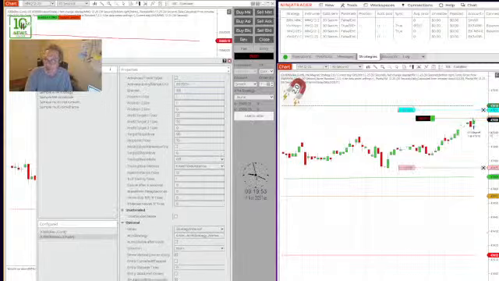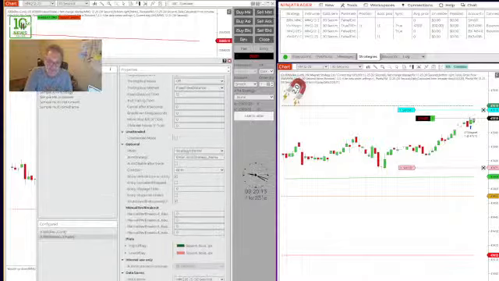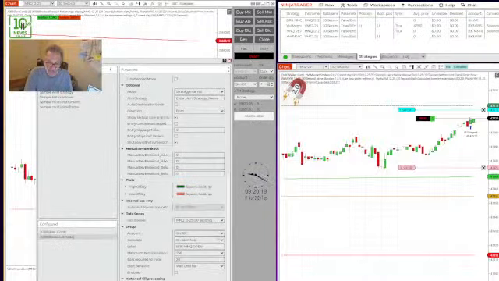Okay, we got filled on our YM. Let's see if we get a follow through to test the high. Target 1 25, target 2 50. Stop is 75. Target 1 stop move: if I hit my first target, I'm going to break even. Trading it in the market open account.